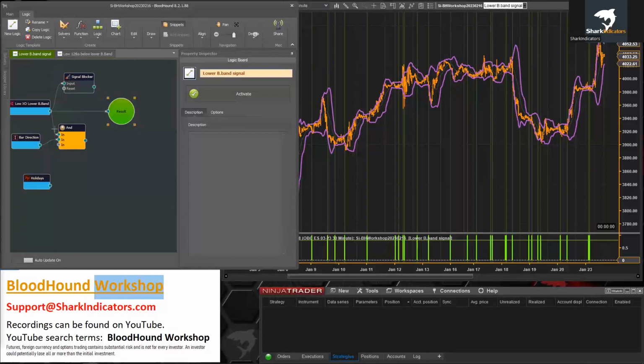Whether or not they work with BloodHound, I don't know. The key would be, if anybody did create a customizable holiday schedule indicator, it would have to give an output, so that indicator could be read, to know when you've selected a holiday or not.